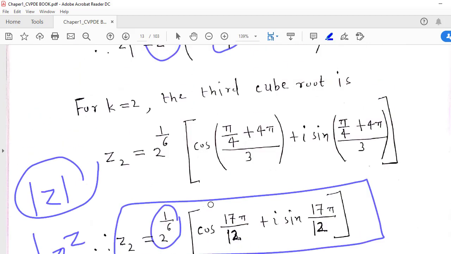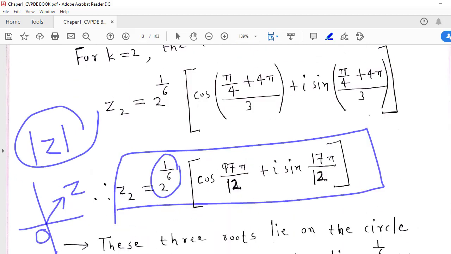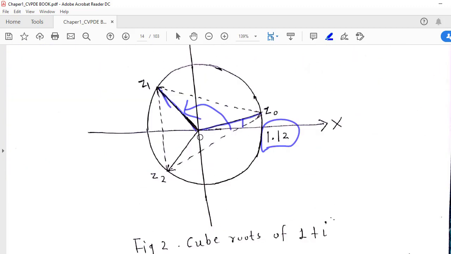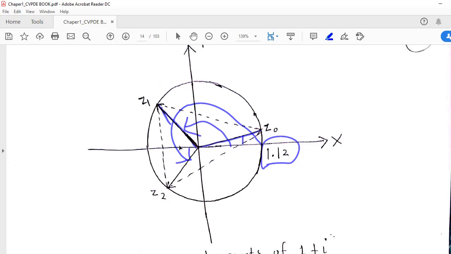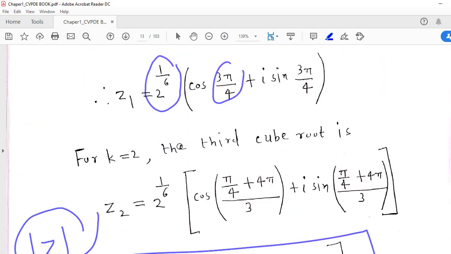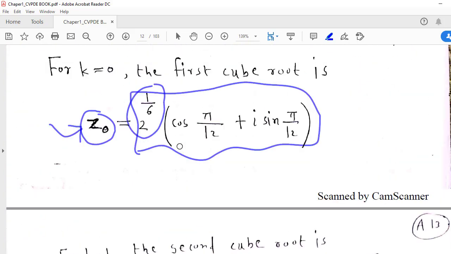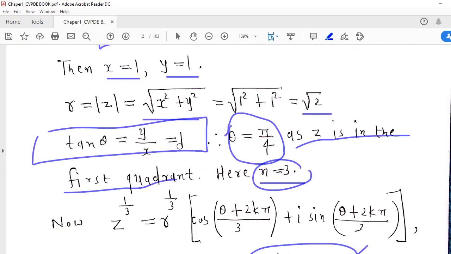Similarly, z2 has argument 17 pi by 12. So you have to draw z2 in such a way that the angle made by this vector with the positive x-axis is 17 pi by 12.